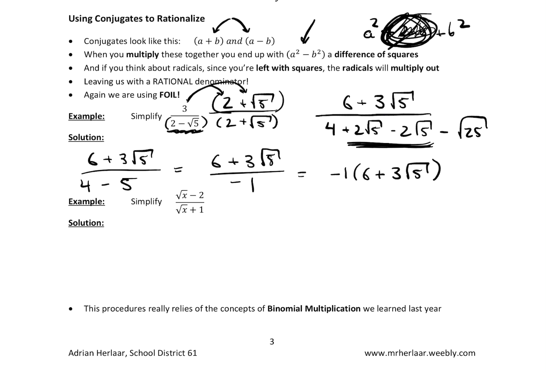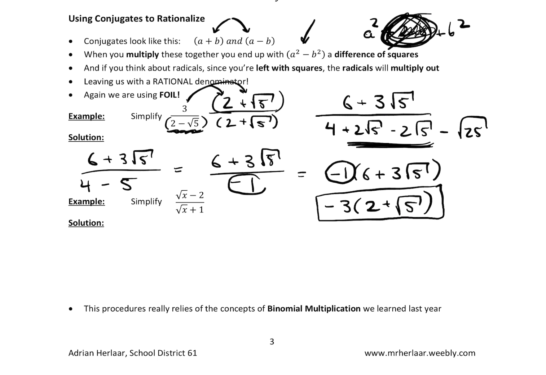You can factor 3, so negative 3 times 2 plus root 5. So this pulls together everything we've learned from grade 9, grade 10.